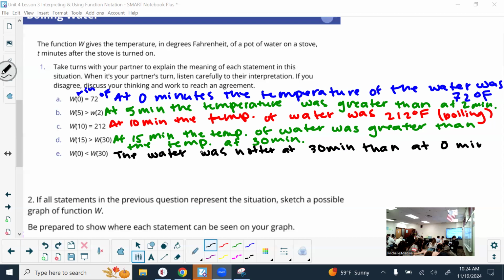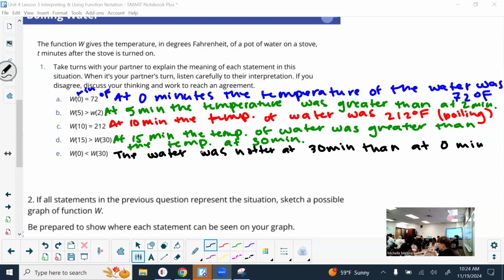So even though they might have turned it off or something, it's still warmer than when it started. And yes, the opening is facing the W of 30, so the 30 minutes is warmer than the 0 minutes. Questions on interpreting, does that make sense?